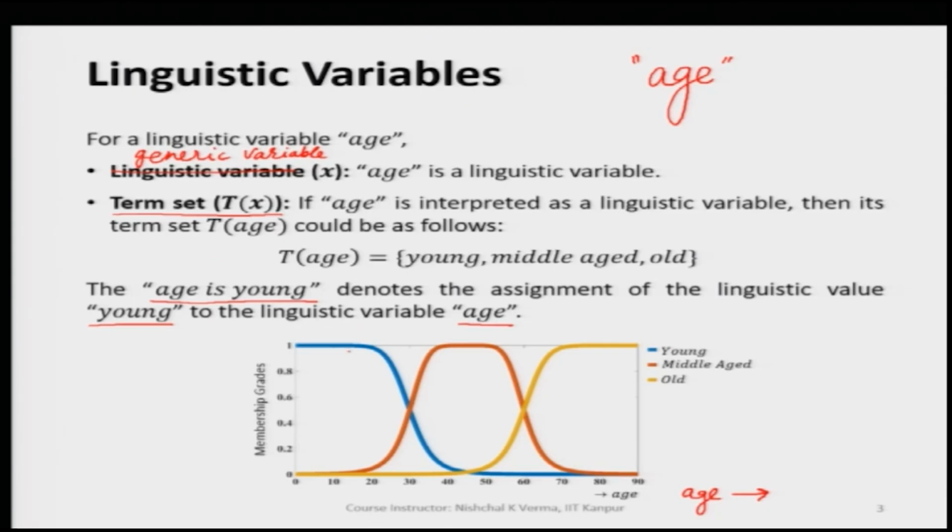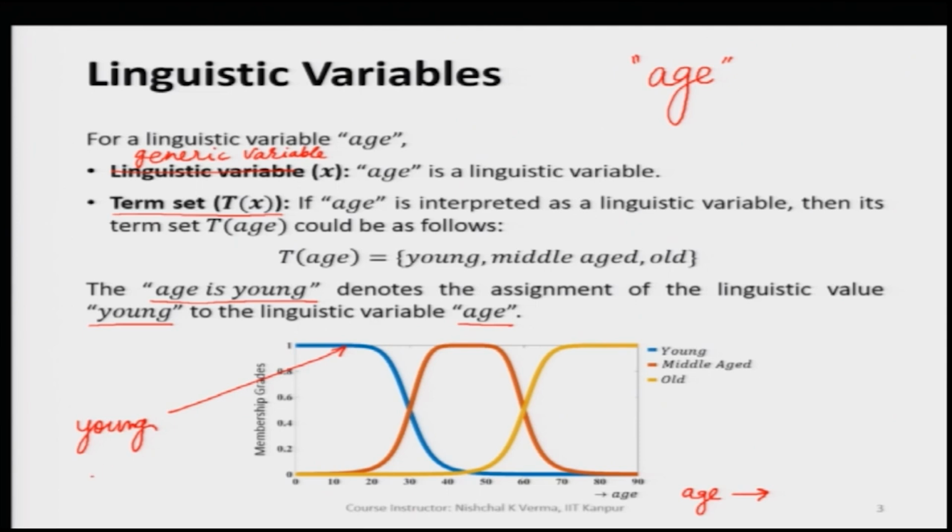Here we have this fuzzy set, the linguistic value young, and this young is nothing but the lower side of the age representation.